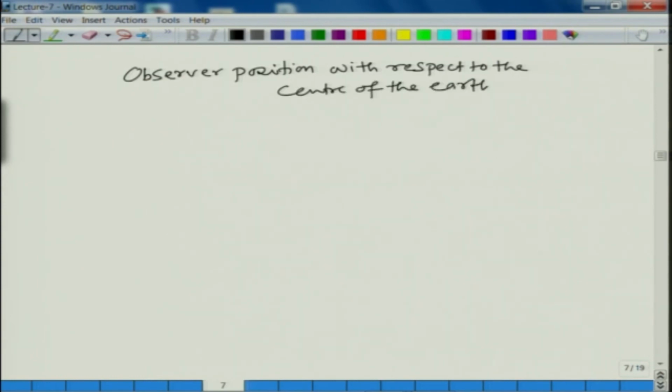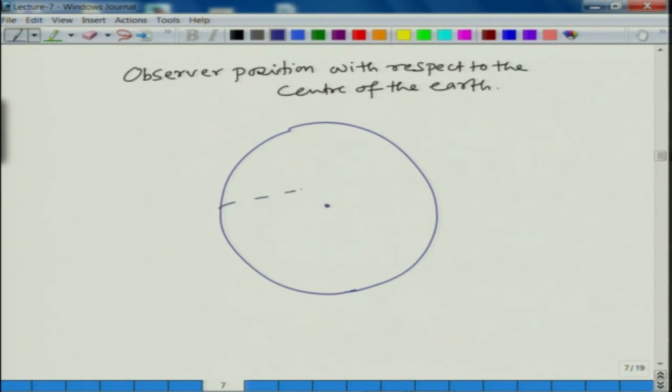Okay. This we have already seen: if this is the earth, and this is the center, and we have this equatorial plane.